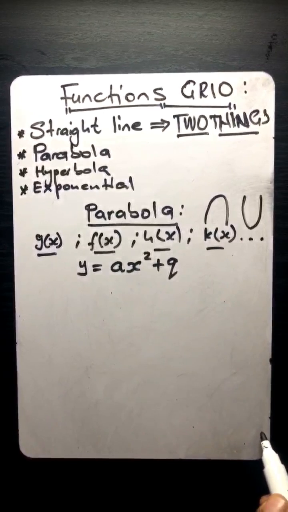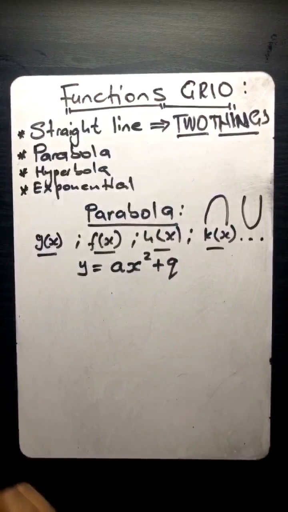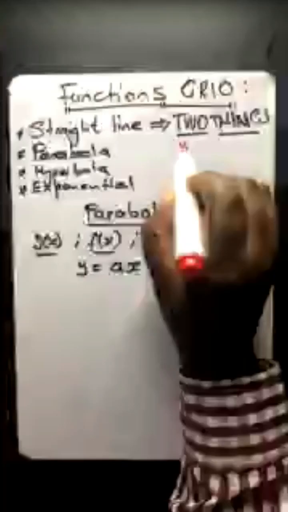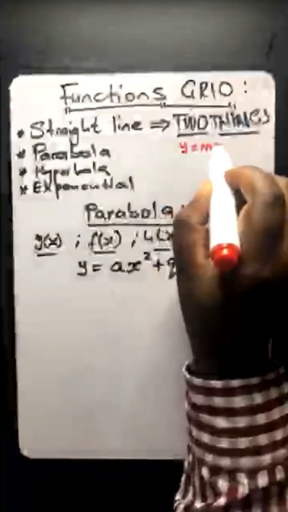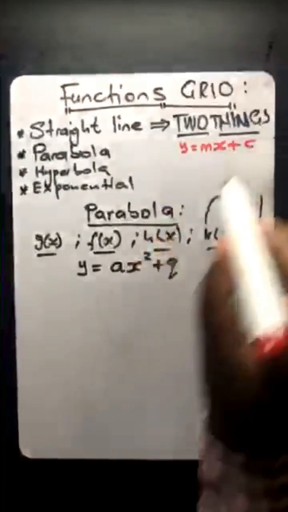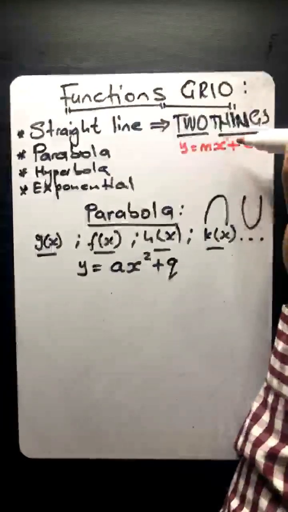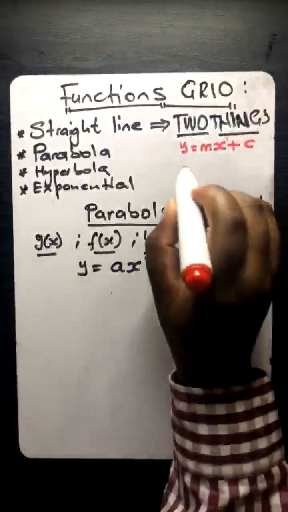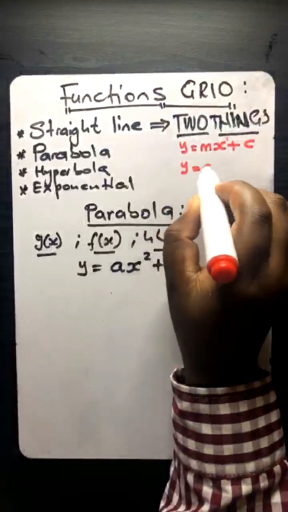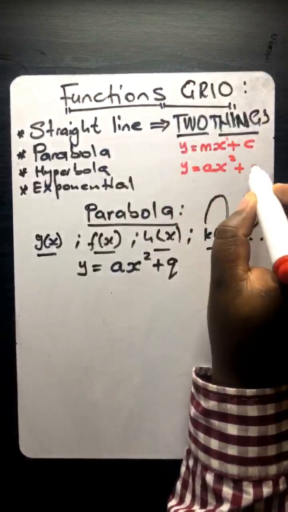That means you need to be able to differentiate between a straight line equation and a parabola. A straight line is y equals mx plus c. But can you see, the power for that x is that invisible 1. But for this one, you have y equals ax squared plus q.